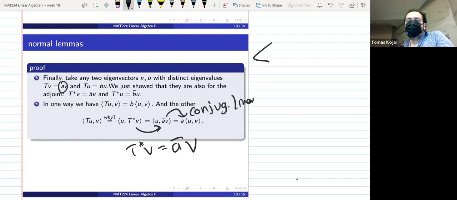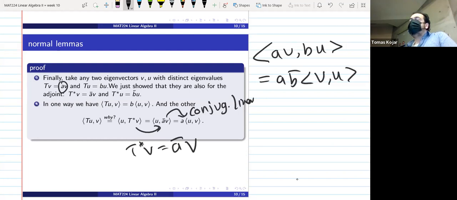So remember, you have <av, bu>, and you get a b bar. That's the kind of linearity you have for the inner product: linearity in the first slot, conjugate linearity in the second. Just remember that.